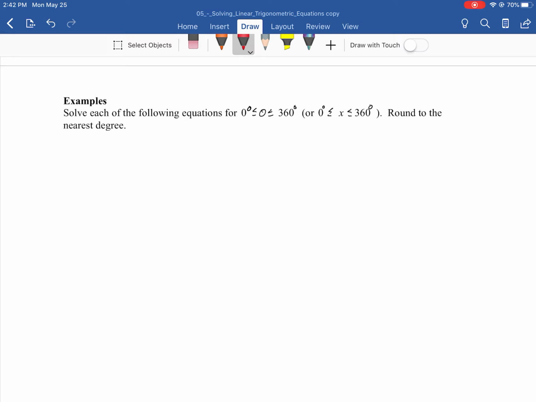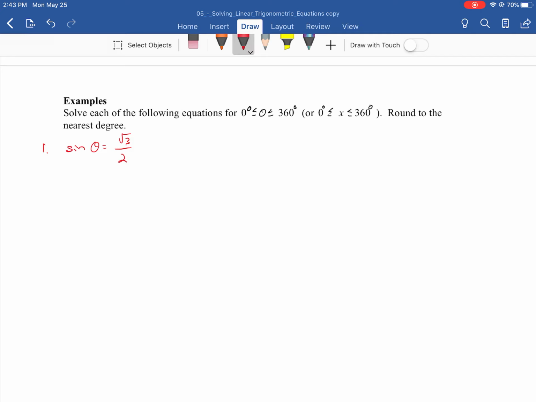So the examples that are provided in your note say to do all of these in degrees. Well, I'm going to do the first few in degrees, and then I'll switch over to radians because I don't want you to get so hung up on degrees that you can't do radian questions. At the same time, I don't want to start you off on questions that you have trouble with because of the radians. So we'll start off with degrees.